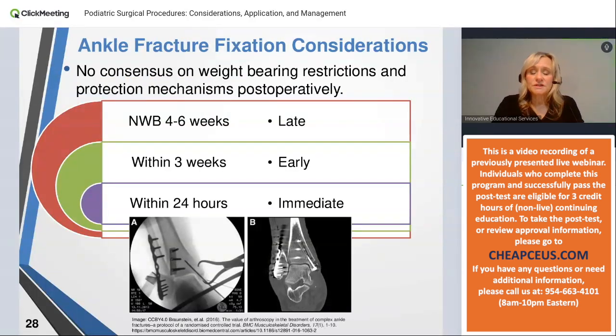Ankle fractures, there are many different presentations of ankle fractures, but I felt like I couldn't have the course without at least mentioning them. So, the aspect that I'm going to focus on is looking at weight bearing. Our philosophy on weight bearing has evolved.